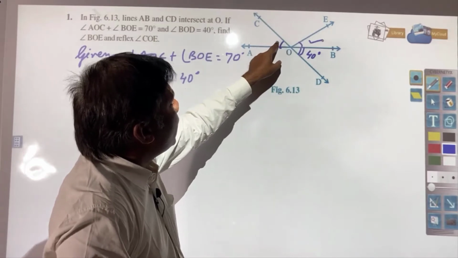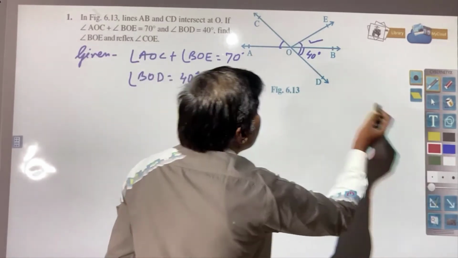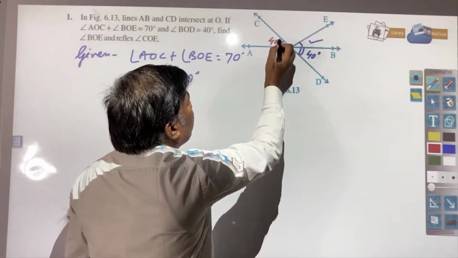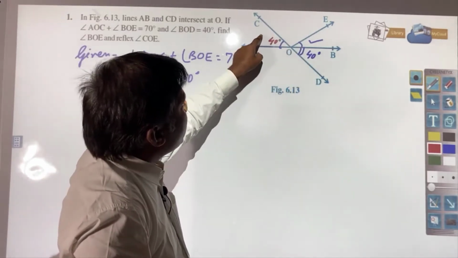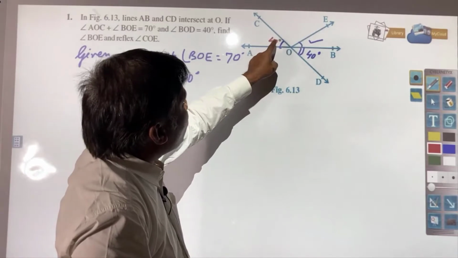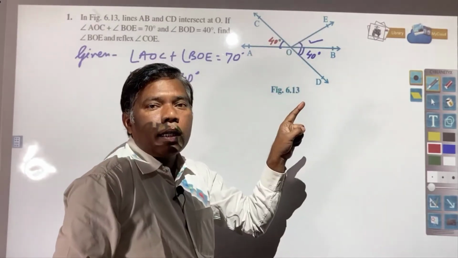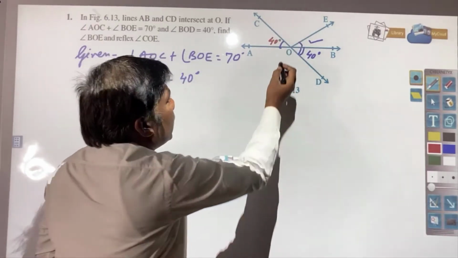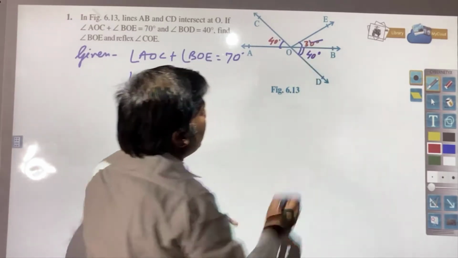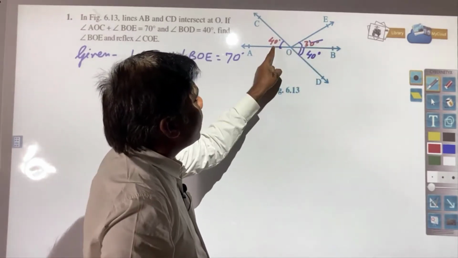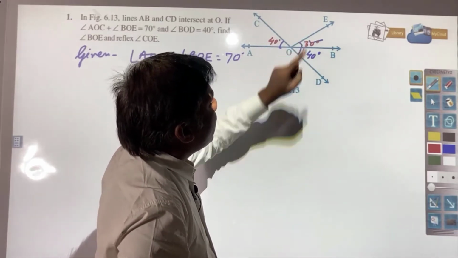So this angle will be 40 degree. Now the sum of these both has been given 70 degree, so in this case this will be 30 degree. Here you see 40 plus 30 is equal to 70. So this will be 30 degree.